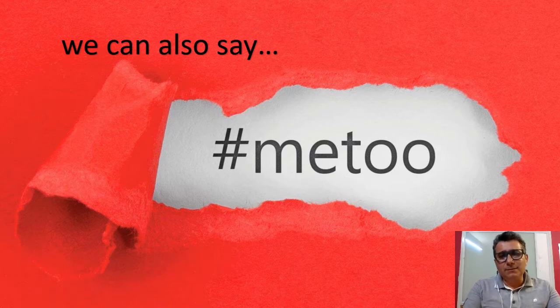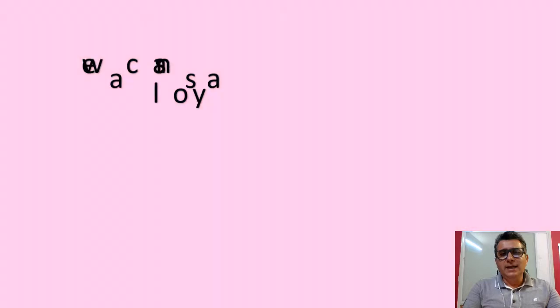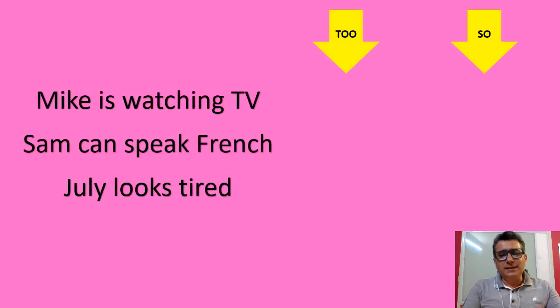Let's check another example for you to understand more clearly how these two expressions work. Check out the sentences. Number one, Mike is watching TV. Number two, Sam can speak French. Number three, Julie looks tired. We can agree with that using too and so. Number one, Mike is watching TV. I am too.